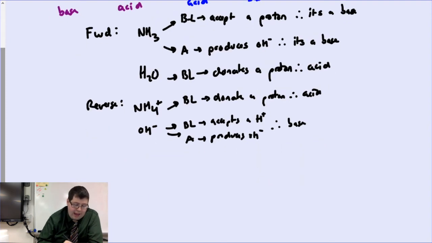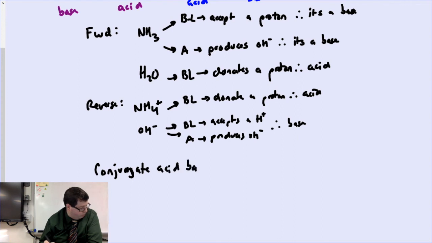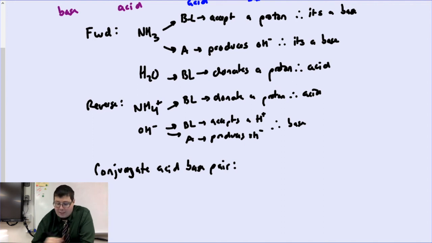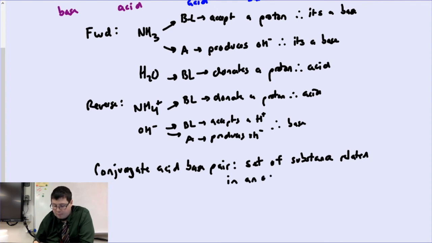So a conjugate acid-base pair is a set of substances related in an acid-base equilibrium.